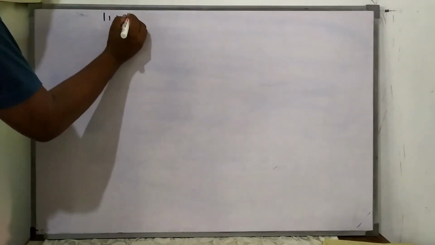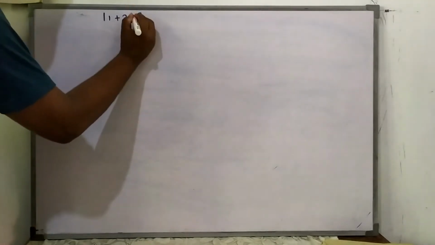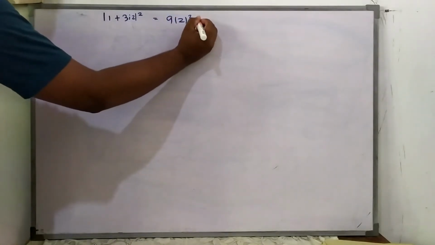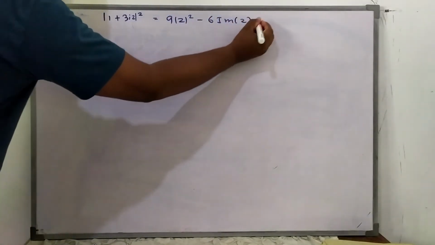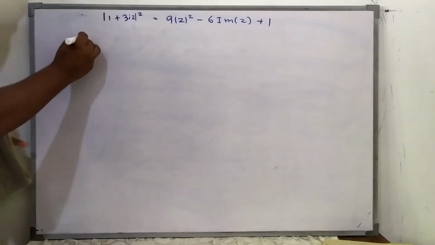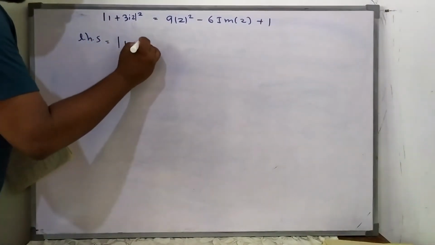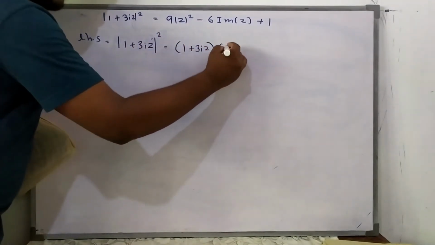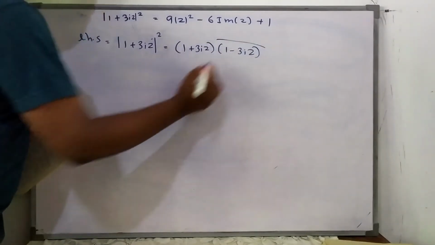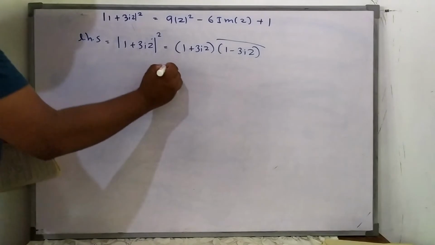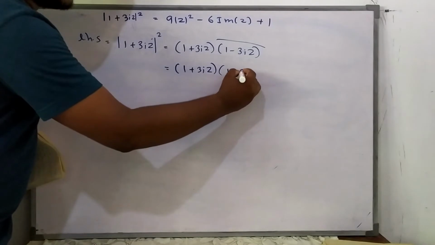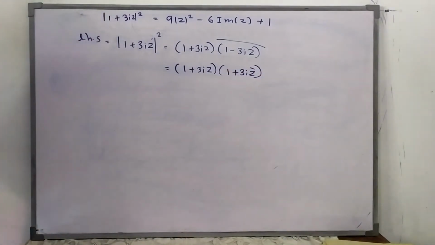the next one is you have to show modulus of 1 plus 3i z whole thing squared is equal to 9 modulus z squared plus 6 imaginary z plus 1, right? So again I am starting from the left hand side. Modulus 1 plus 3i z squared is 1 plus 3i z times 1 plus 3i z bar, right?